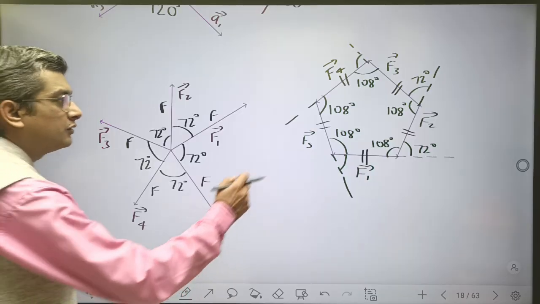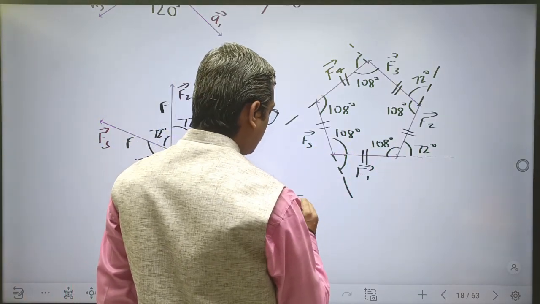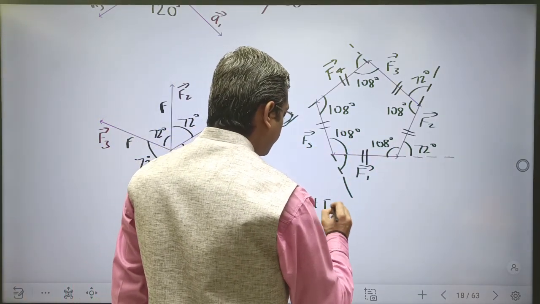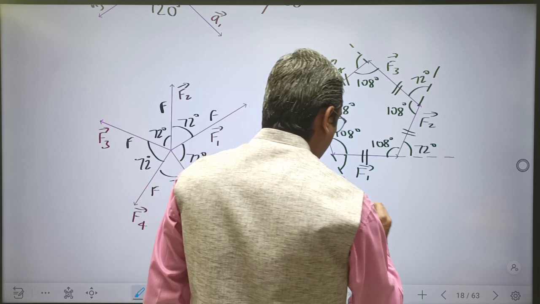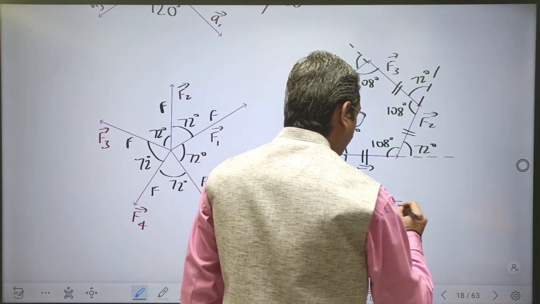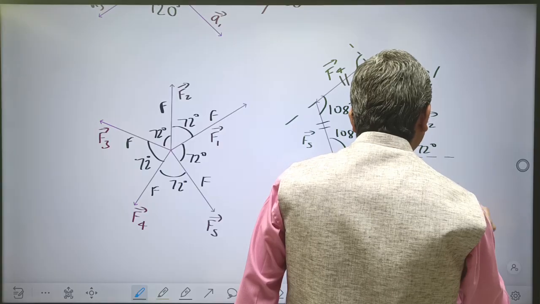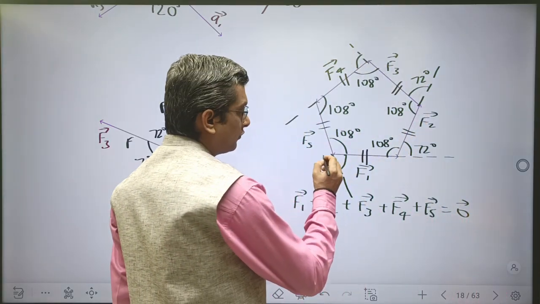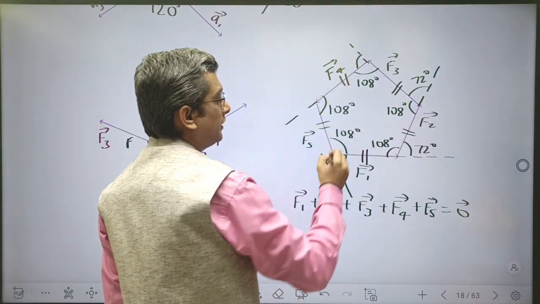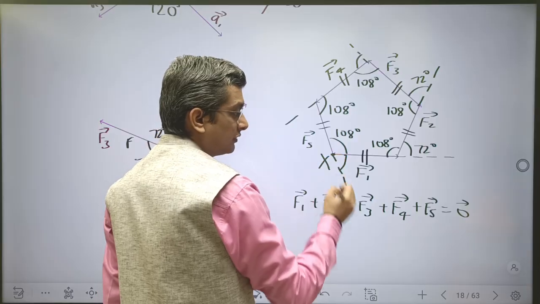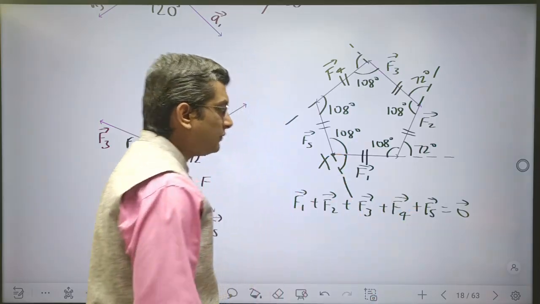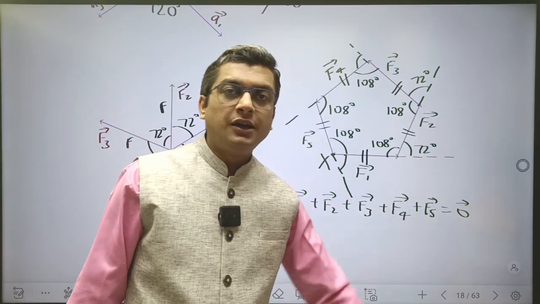And if you add the vectors, f1 vector plus f2 vector plus f3 vector plus f4 vector plus f5 vector, it is a null vector. Why? Because you started from this point x and finally f5 reaches the same point, that is the point x, so it will be a null vector.